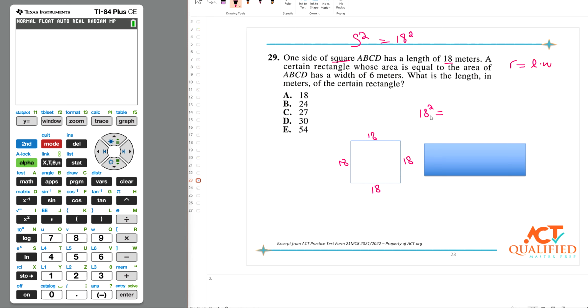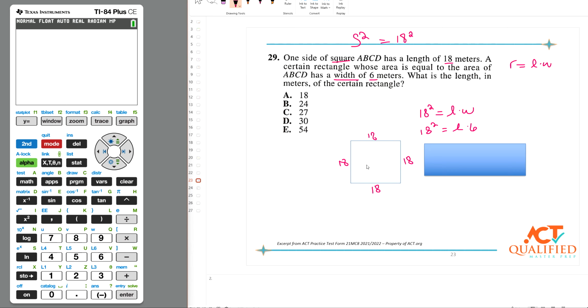Because the area is equal to ABCD, we set length times width equal to the area of the square. It has a width of 6 meters, so 18 squared is equal to length times 6.